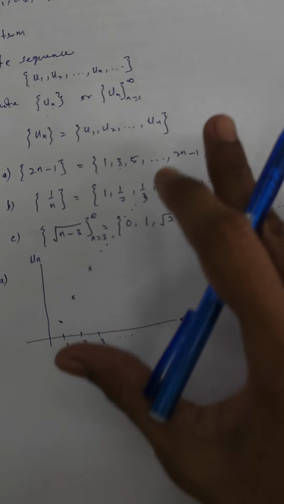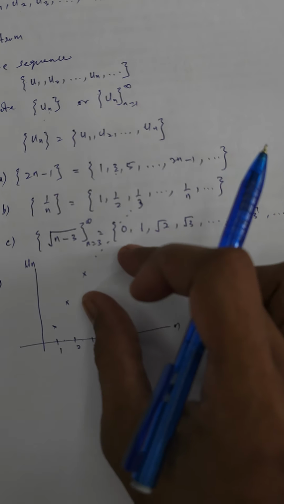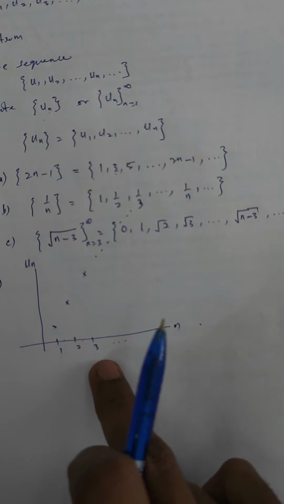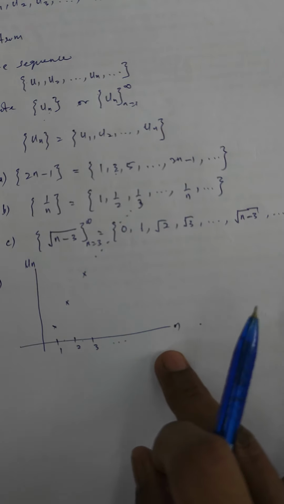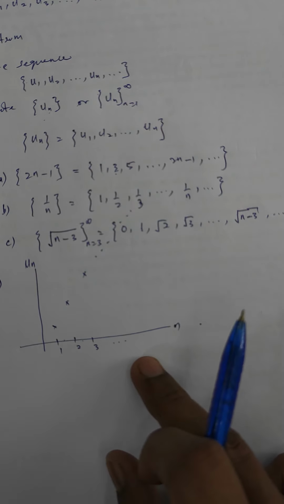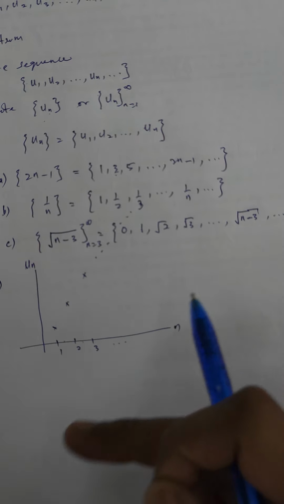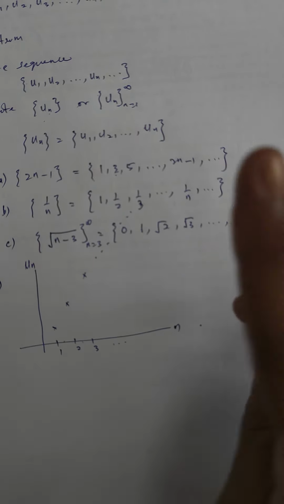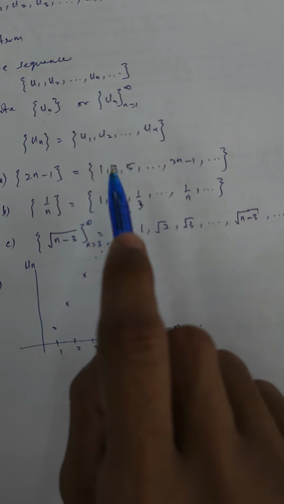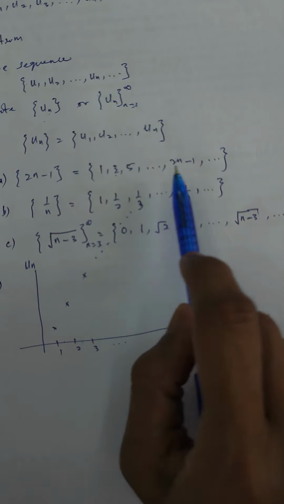So what you can see from this example is that the bigger the n, the bigger the terms in the sequence. As you can see here, when n equals 1 we get 1, then 3, 5, 7, and so on and so forth.